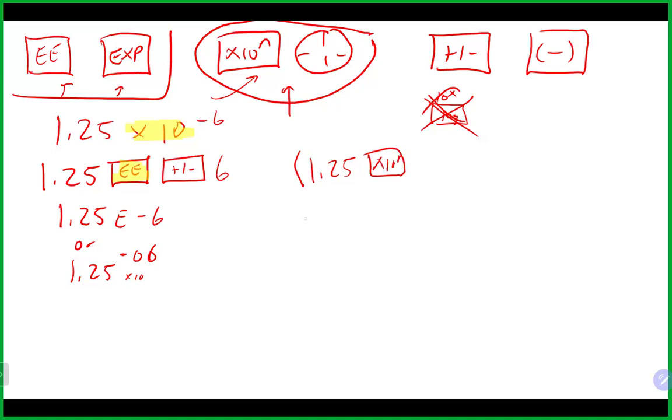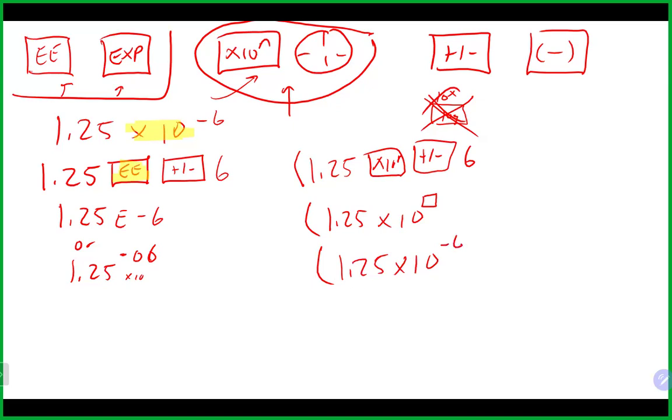What it's going to look like on the screen is you'll have a parentheses, a 1.25, it'll go times 10, and your cursor will be blinking up towards the top of the 10. At this point, you could do the rest of it the exact same way. You just hit your negative button and 6, and it will turn into 1.25 times 10 to the minus 6. You will now have your little cursor blinking to the right of it, and this is where the problem comes in on most people's calculators like this.